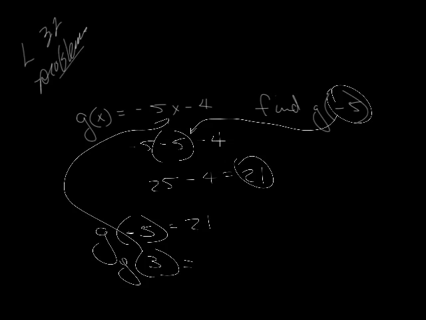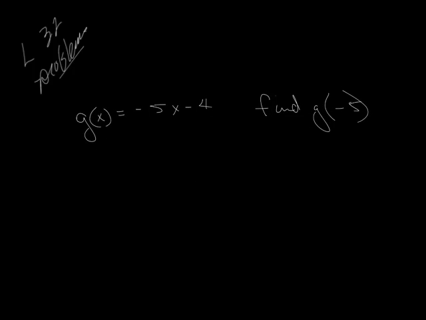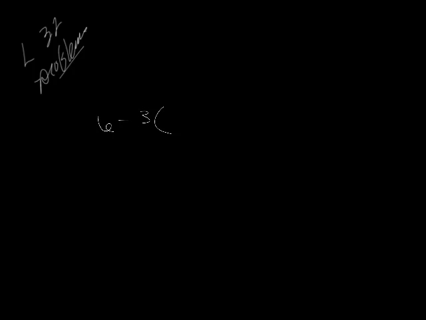Please be careful with your PEMDAS, 25 and 26 particularly. You have a hard time sometimes remembering what to do. You always do the multiplication before you do the addition and subtraction. So for instance, if you have something like 6 minus 3 times 2 plus x, you do not do 6 minus 3.